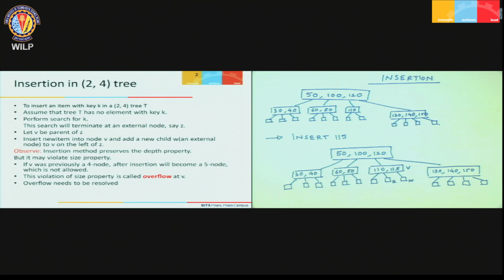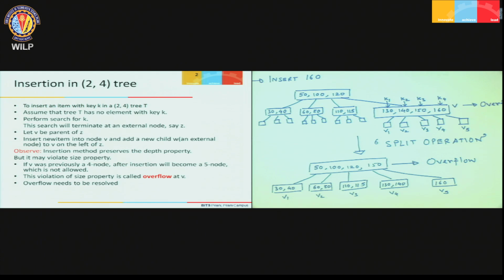Now, this may not always happen. Let us try to insert 160 into the tree that we already have. So, the procedure is similar. We start by searching for 160 in the tree. We know it will lead us to an external node. V is going to be the parent of that external node, and we are going to insert 160 at that node.